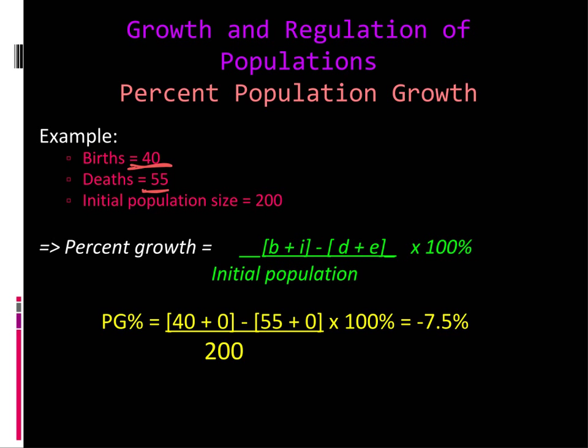Therefore, we had an answer of negative 15 individuals. So our population went down, but our initial population of the sandhill crane was 200, which is right here. We divide by that and times by 100 to get a percentage value, and we see that with our sandhill crane population, we had a negative 0.75% decrease of individuals during the year 1991.